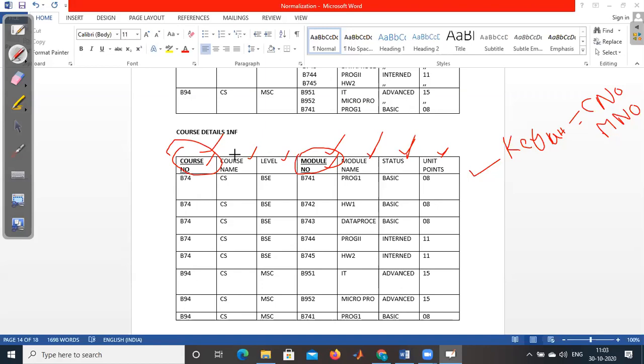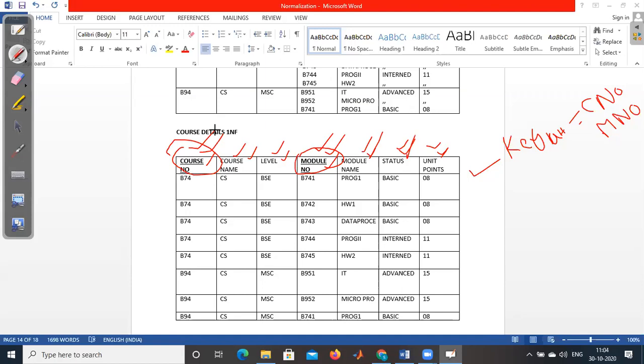Check whether course name and course level depend on module number. Check whether module name, module status, and unit points depend on course number. No. Course name and level depend only on the attribute course number. Module name, status, and unit points depend on module number only.